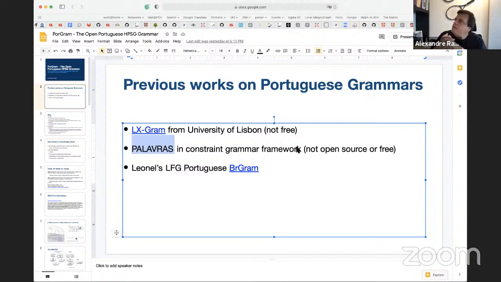Many of them derived from a group in Portugal called Linguateca that used to be headed by Diana Santos. She's now in Oslo, I think.